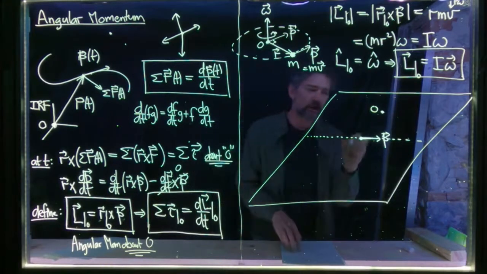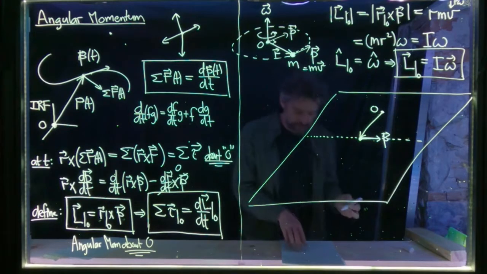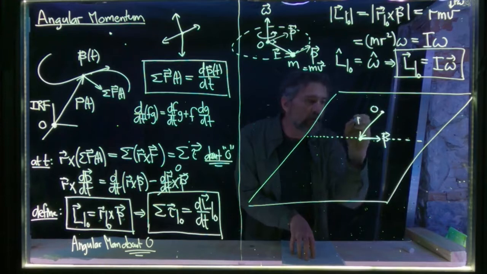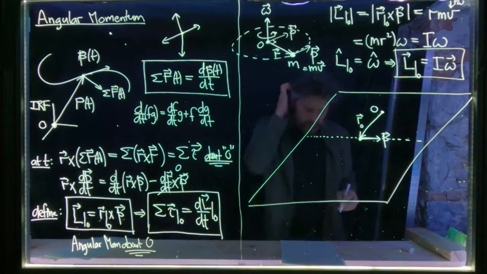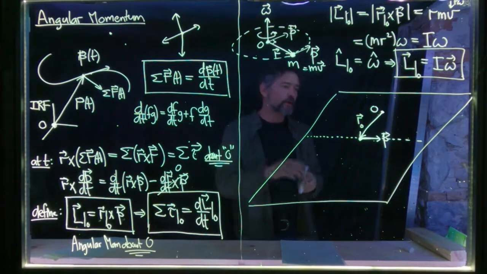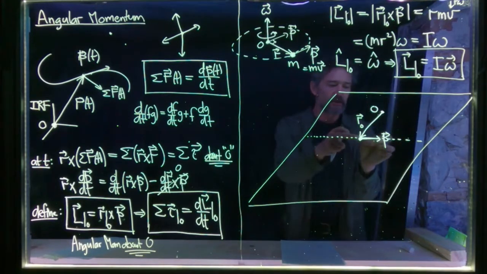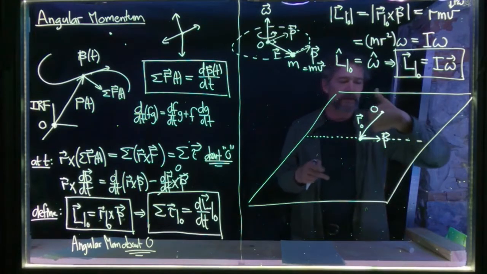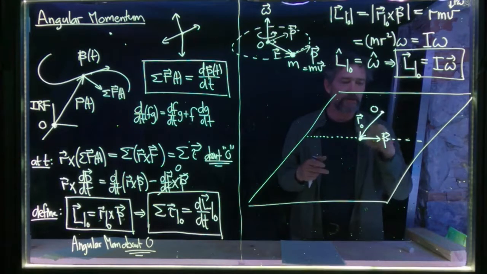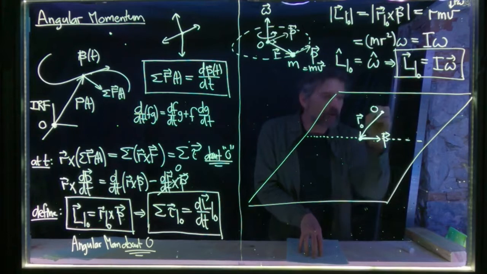The position of that object at that instant of time relative to that point O. So this vector, let's call this r about point O. And if we work out r cross p, remember how you do this: you take the base point of p and slide it to the base point of r. Then r cross p is of magnitude r_0 times p, and it's in a direction up, according to the right-hand rule. And so there's an angular momentum.